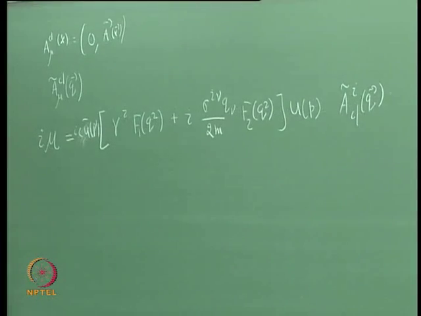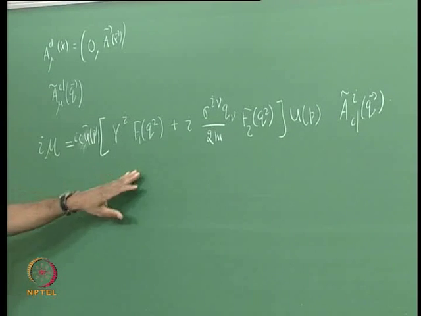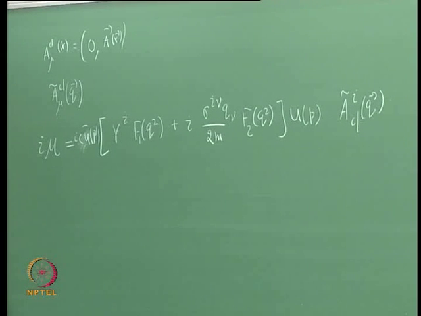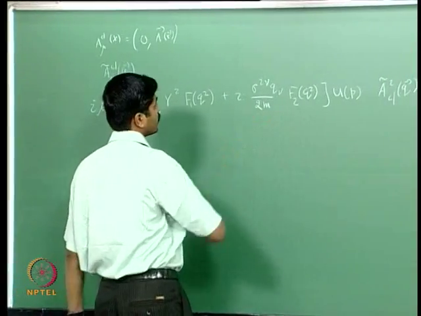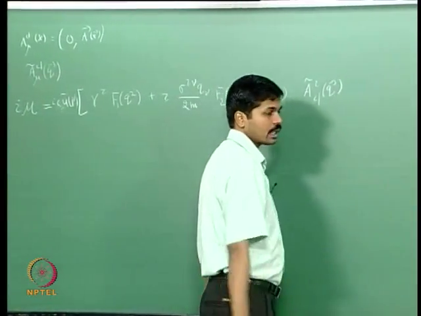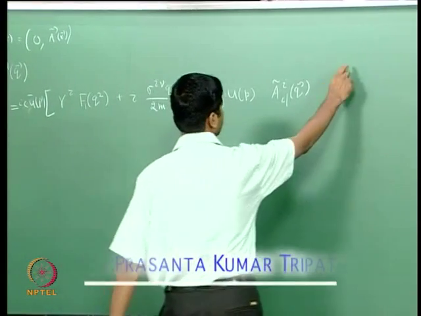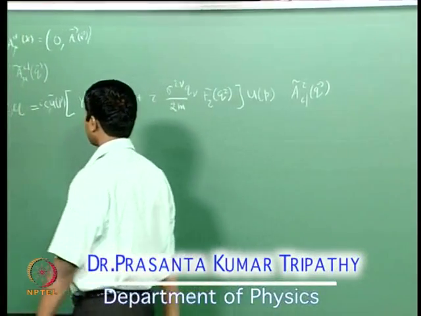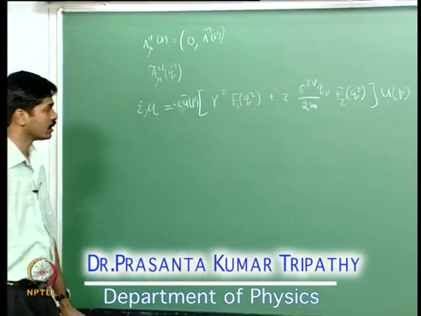What we will do is evaluate this amplitude for a non-relativistic electron when the virtual photon is also weak, in the sense that it is a low energy virtual photon. Okay.